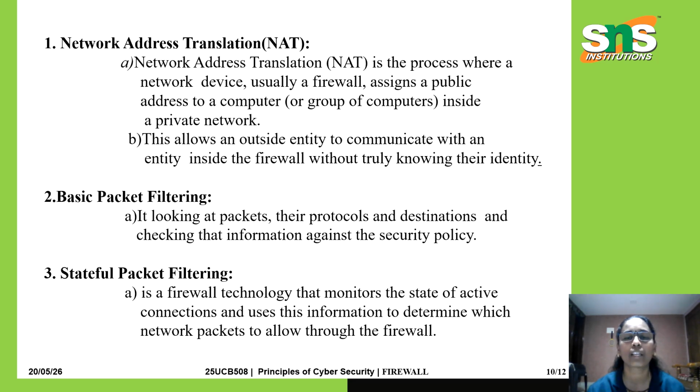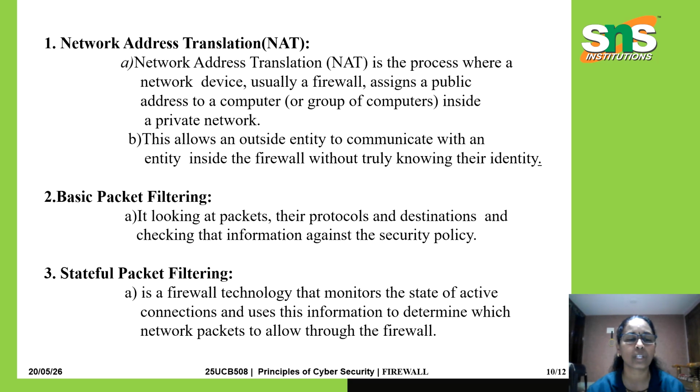Network address translation is a process where a network device, usually a firewall, assigns a public address to a computer inside a private network, like an Internet Protocol address. This allows an outside entity to communicate with an entity inside the firewall without truly knowing their intent.